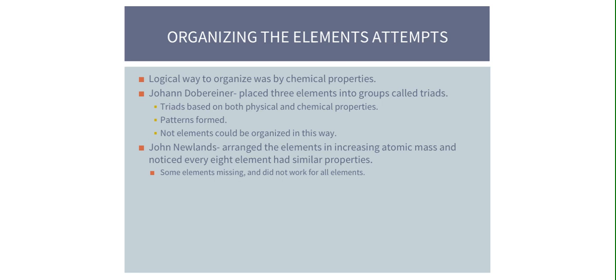He found that the atomic masses of certain elements, in my example lithium, sodium, and potassium, averaged together to look like the other. For example, the atomic mass of lithium and potassium averaged the atomic mass of sodium. These three elements also displayed similar chemical reactivity. They vigorously reacted with other triads.